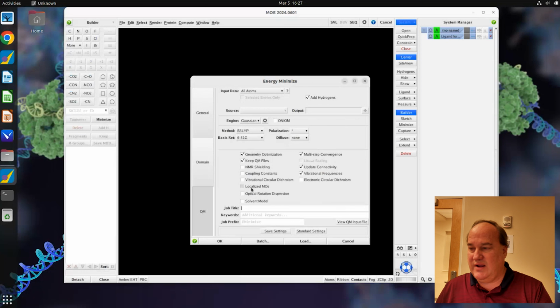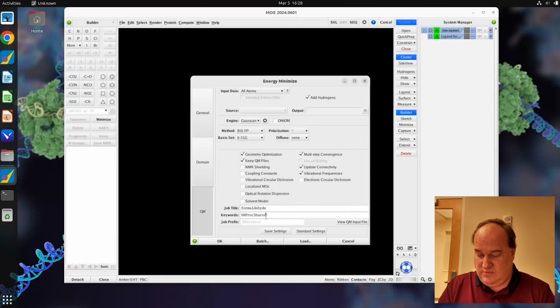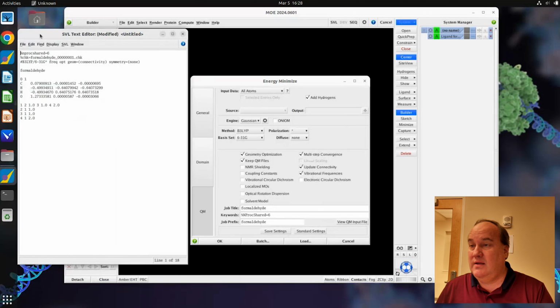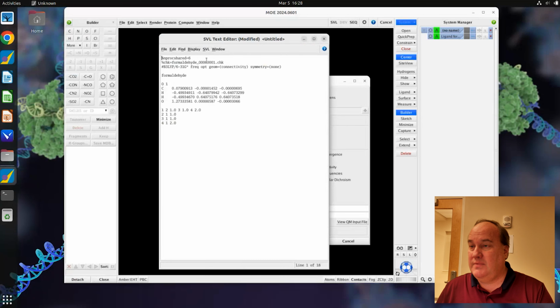That's a little trick to get rid of that. And then we do formaldehyde, give it a name. nproc shared equals 6. I'm going to run on 6 CPU cores. We need a checkpoint file, so I'll give myself a name on the checkpoint file, and then view my input file. I don't need all these numbers on my checkpoint file.